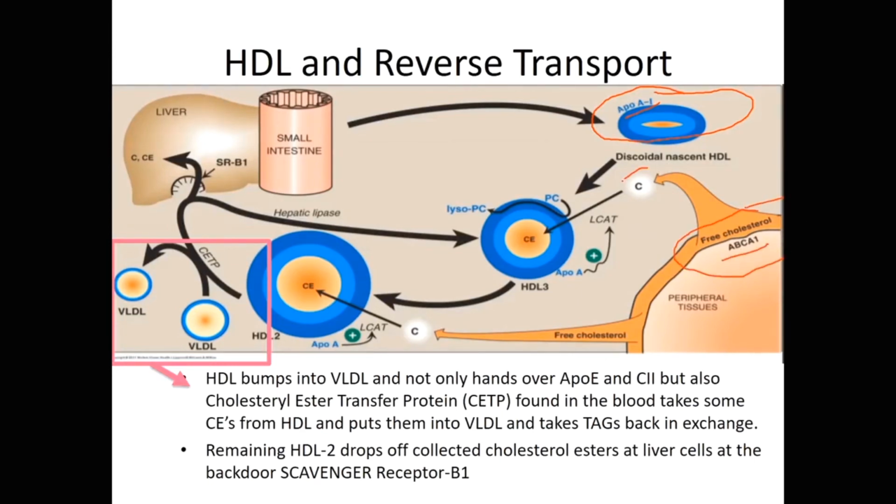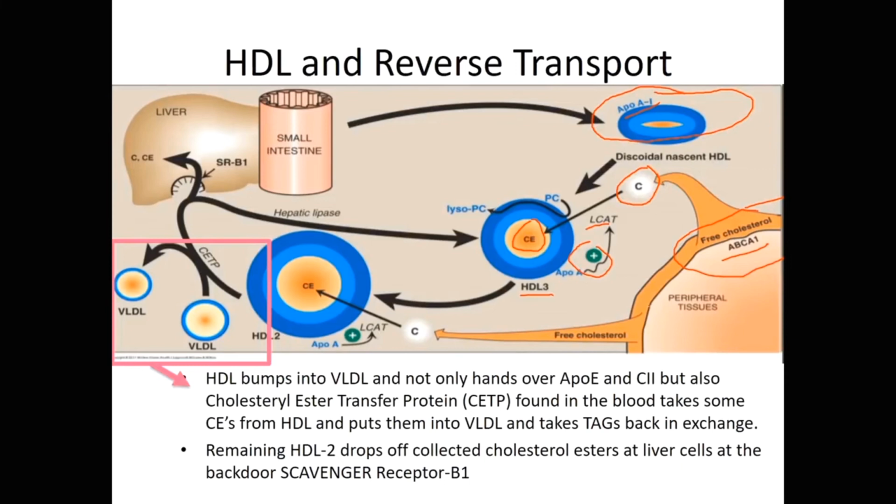This is the transporter that spits out free cholesterol, and then that undergoes our LCAT enzyme reaction, which is activated by your ApoA1 protein. And this LCAT converts cholesterol into cholesterol esters, and those are stored in our nascent discoidal HDL particle. And that has now become an HDL3. Now this is what we would call a basic HDL particle.